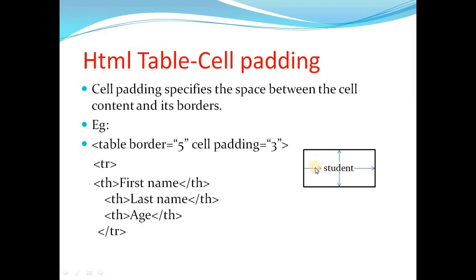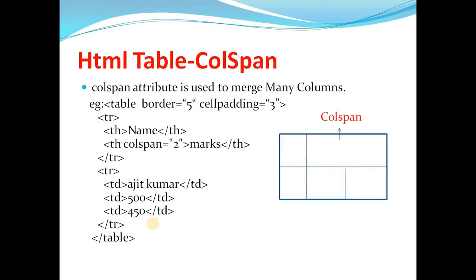That is the space between the data and the cell. Next comes the tr, that is row. Next comes the heading, that is th, first name. In the first row we are going to write first name, last name, age. Next, close of the first row. Got it? This is the way I will show you in the practical class, just for your knowledge I am telling.